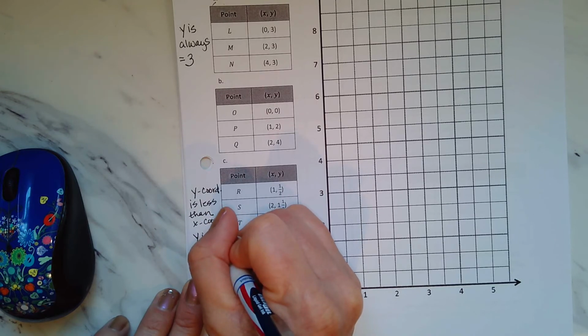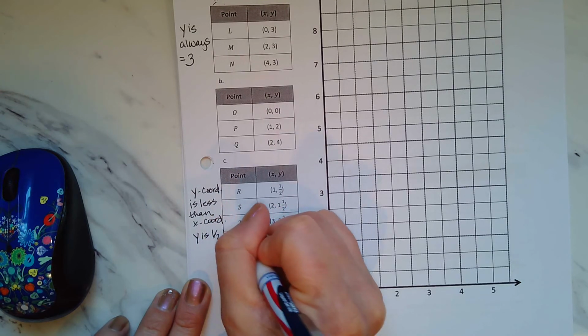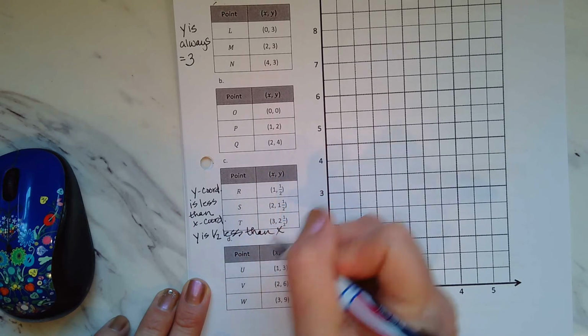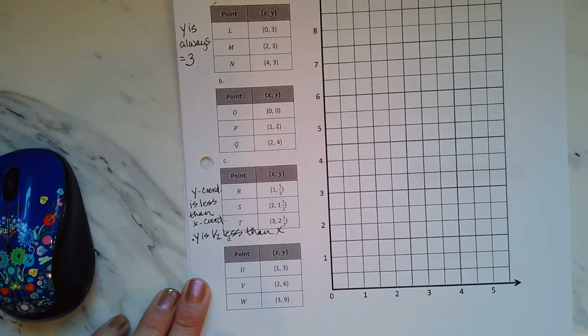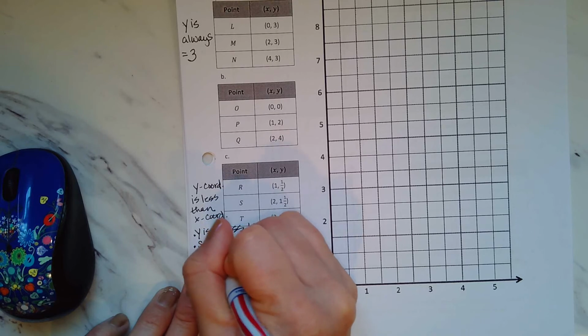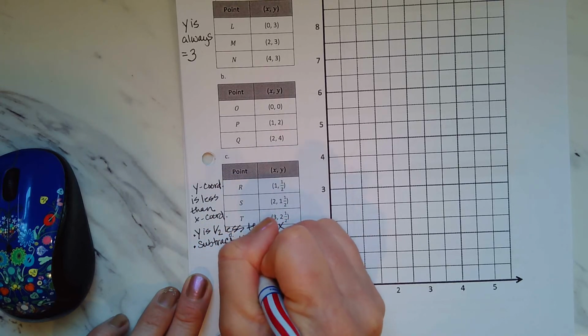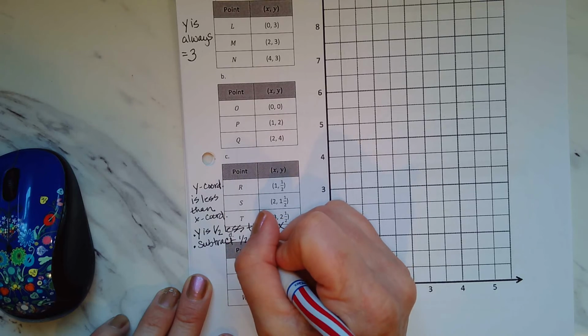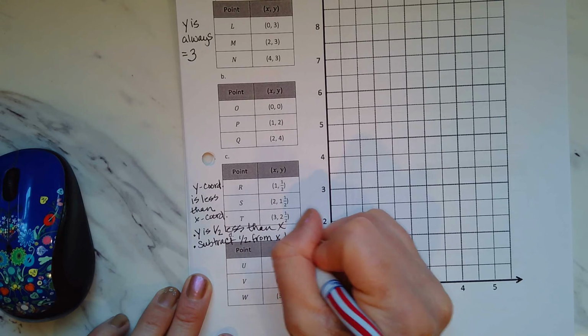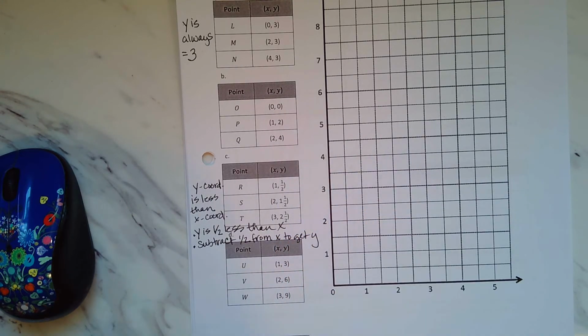Okay, that's our first one here. You could say subtract half from x to get y. So y is 1/2 less than x. So, okay.